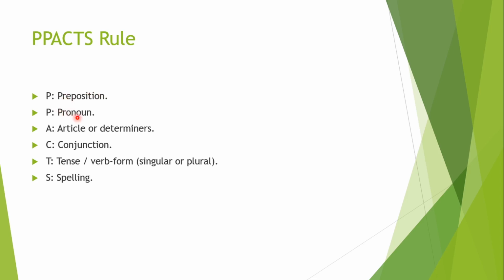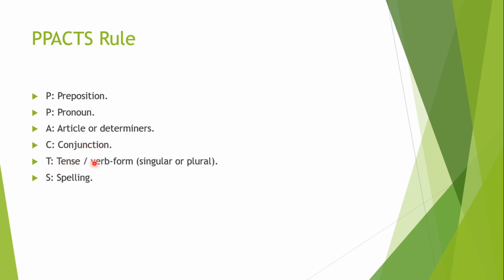P for pronoun, that the correct usage of pronoun. Article or determiners. Article you know. A and the, and determiners this, that, these, those. These you have to see. Conjunction, and, but, as, so, such as, these things.